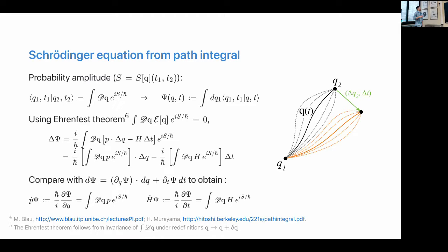What you can do with this probability amplitude is construct a wave function by integrating over the initial states, and using the Ehrenfest theorem, which you can show by assuming that the measure is invariant under redefinitions in Q. If you use that, you can get rid of the bulk terms in the variation of that wave function.